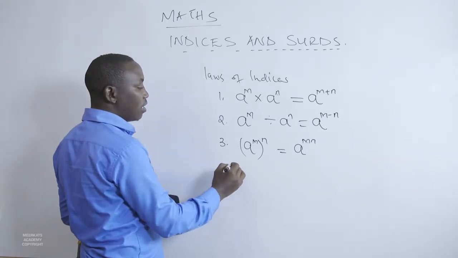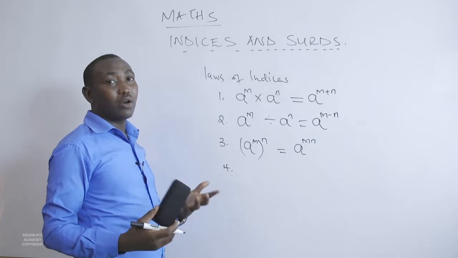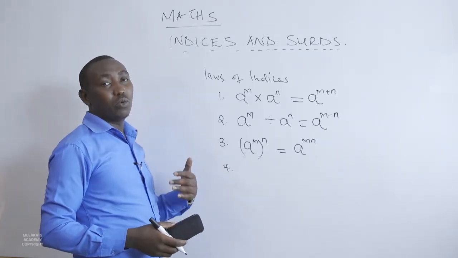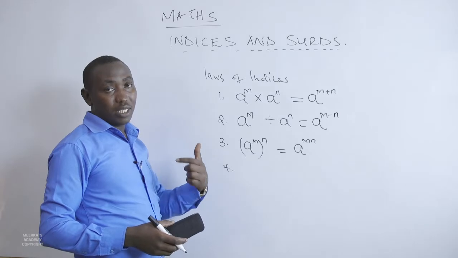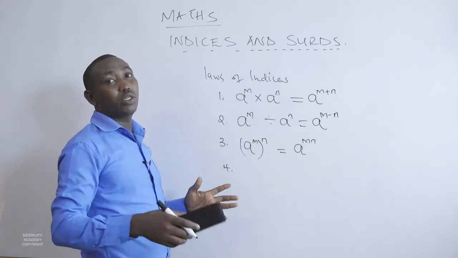Then lastly, we looked at the case whenever we have a zero index, where we said that any number raised to the power 0 automatically goes to 1.